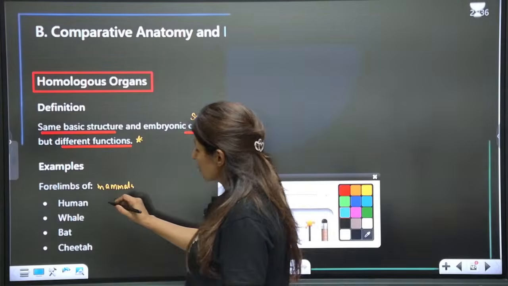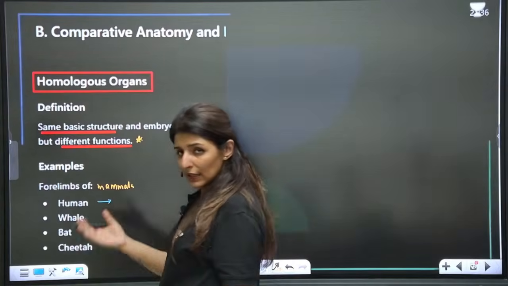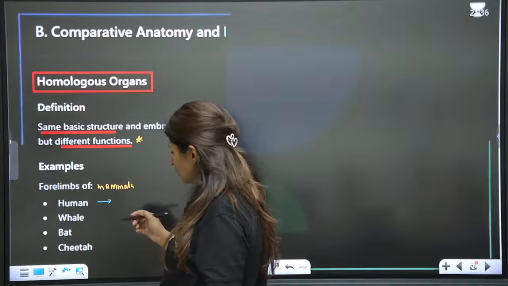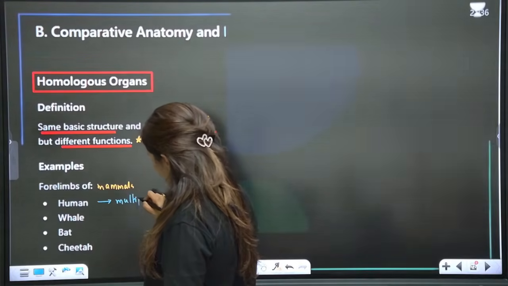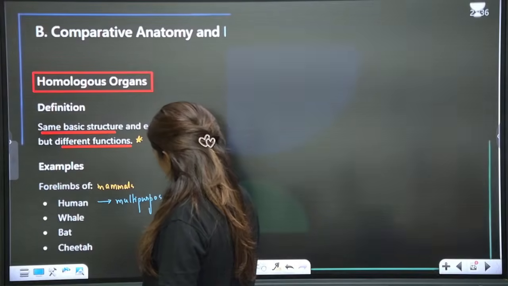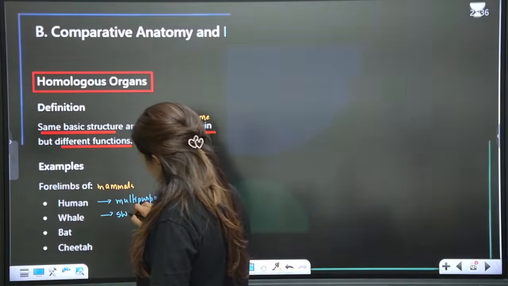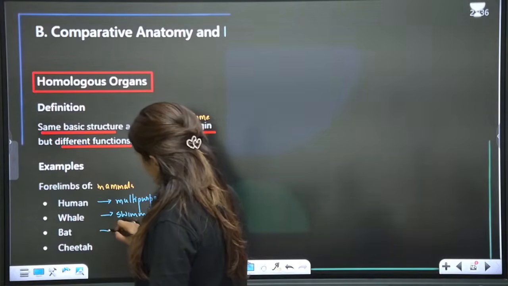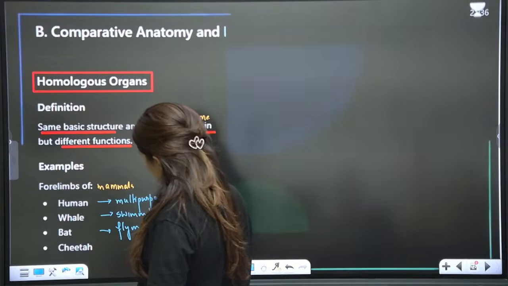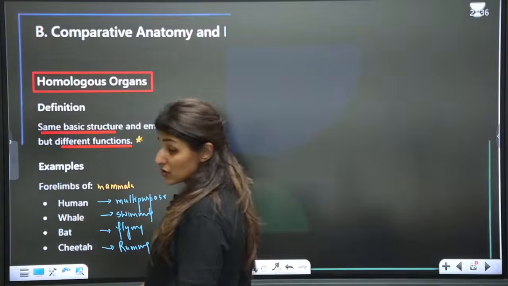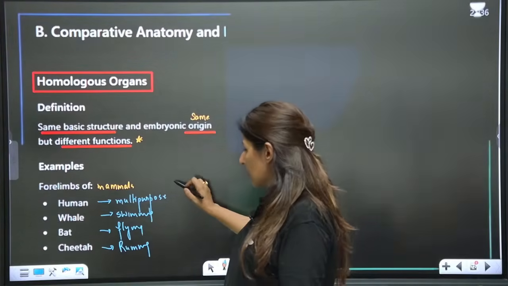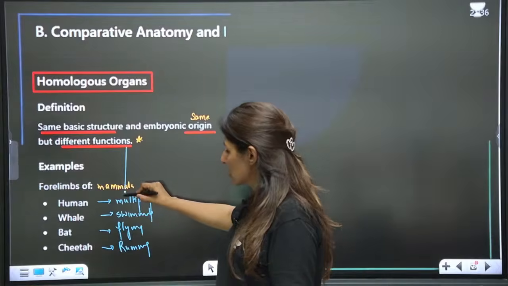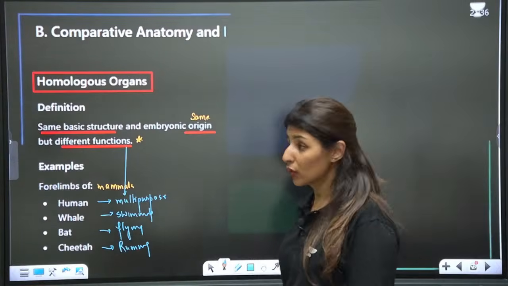Humans use them for eating and many other functions, so multi-purpose. For the whale, it is for swimming. Bat uses it for flying, and cheetah uses it for running. Same structures, humerus, radius, ulna, carpals, metacarpals, phalanges, but doing different functions. Hence they are all homologous organs.